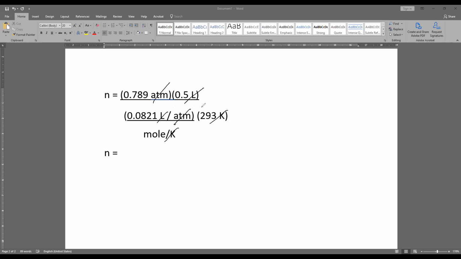So what do you think will happen to this formula? Substitute.